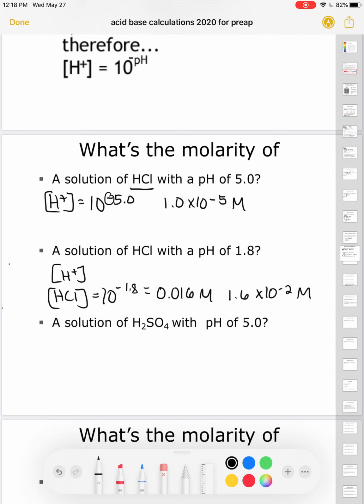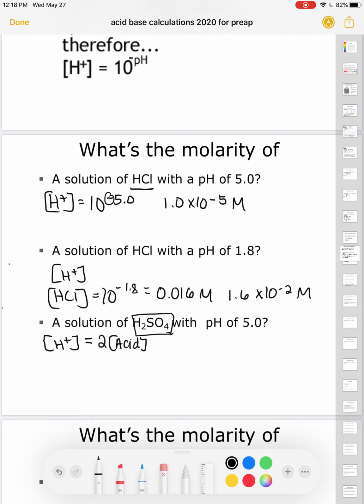Oh, looky here. My acid here in this next problem is sulfuric acid, which is diprotic. Okay, so that means, if we think about what my H plus concentration means in terms of the concentration of my acid, my H plus concentration is equal to 2 times the concentration of my acid.